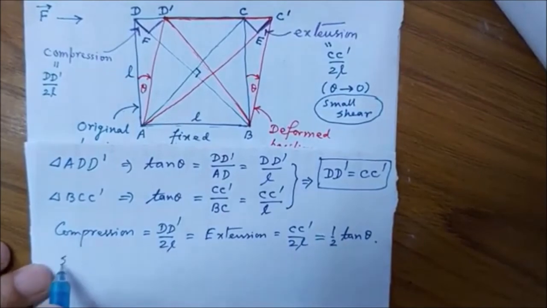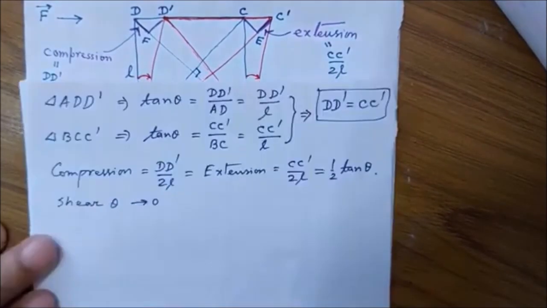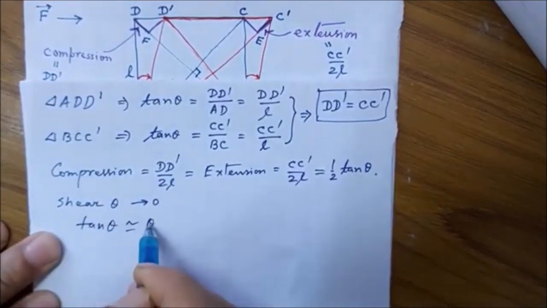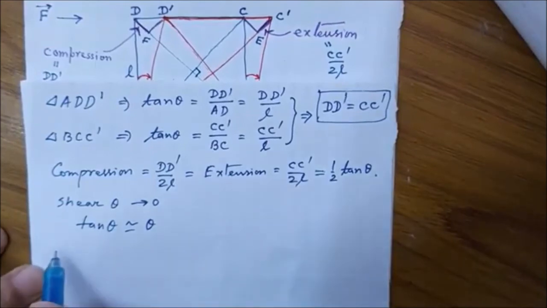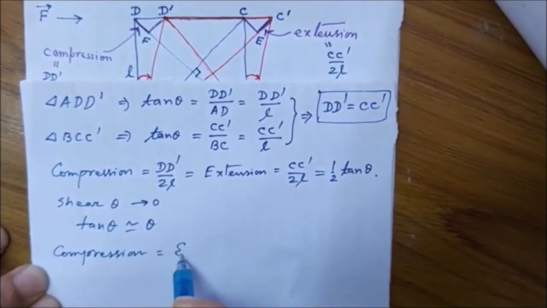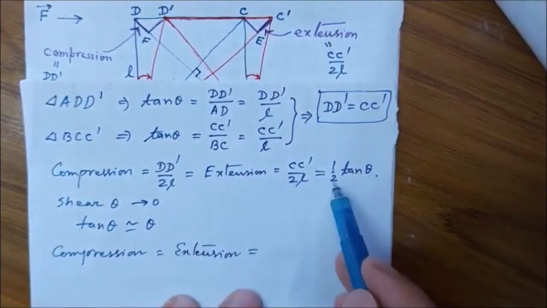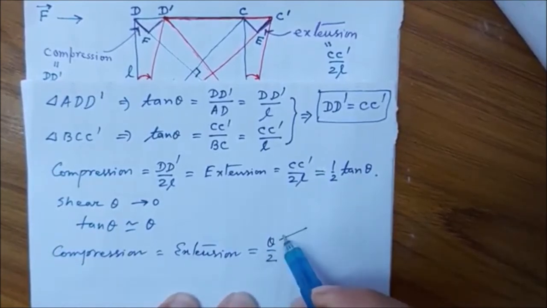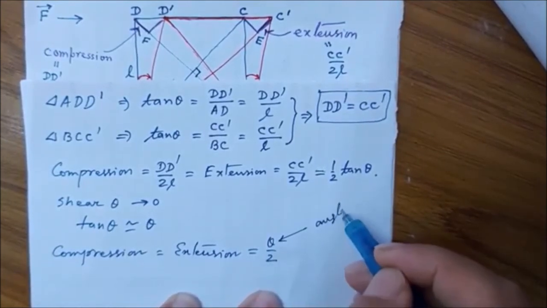Also, as shear is very small, tan theta can be replaced by theta, and therefore the compression and extension, which are equal, is equal to theta by 2, where theta represents the angle of shear.